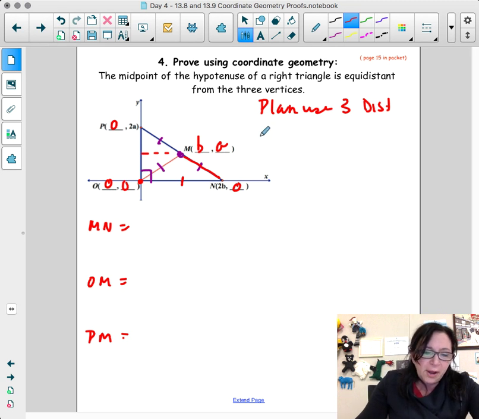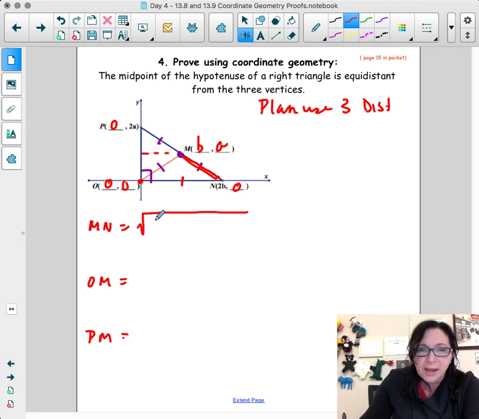So to find MN, where's MN? Here it is, right here. To find MN, I'm going to use the distance formula, and this is 2b, comma 0. So I subtract my x's.